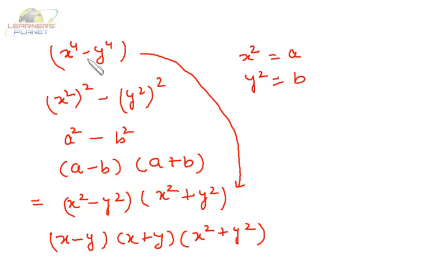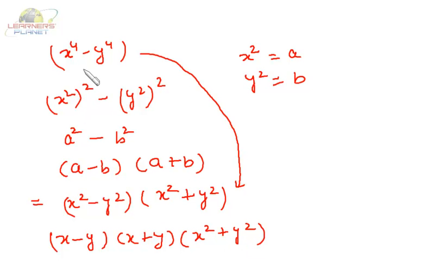X raised to 4 minus y raised to 4: in the first step, just halve the power and have a positive sign and a negative sign. Then if we have a negative sign between perfect square terms again, they can further be broken like this. So it's x minus y, x plus y, x square plus y square.